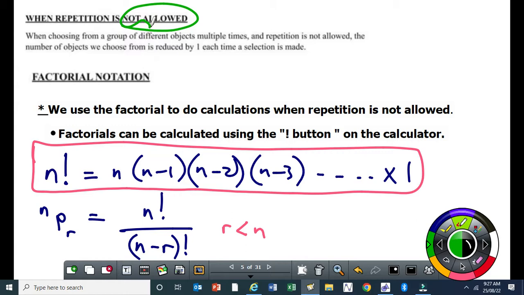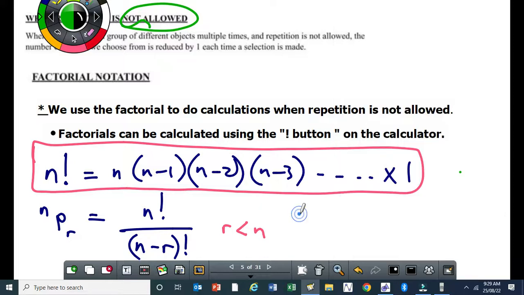On your calculator, I'm just going to show you, then I will explain. 5 factorial means 5 times 4 times 3 times 2 times 1. So you multiply in descending order. Start with the largest, then the next smallest, then the next smallest, until you get to 1.